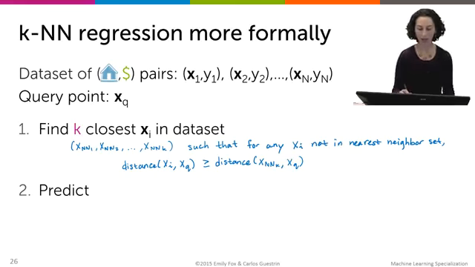So what this means is that every other observation in the data set is further away than my kth nearest neighbor. That's what defines it as my kth nearest neighbor.